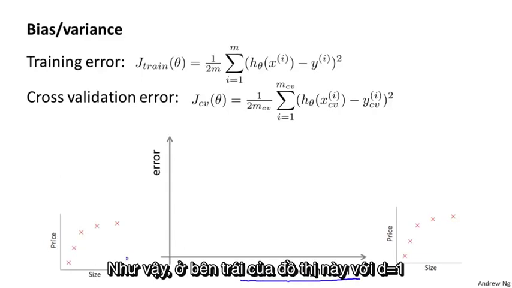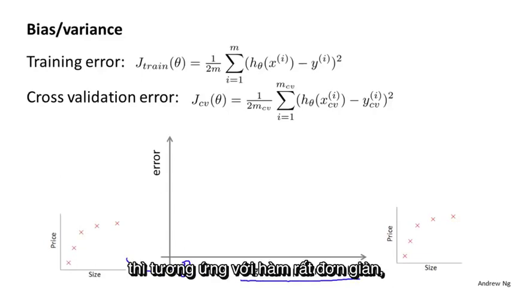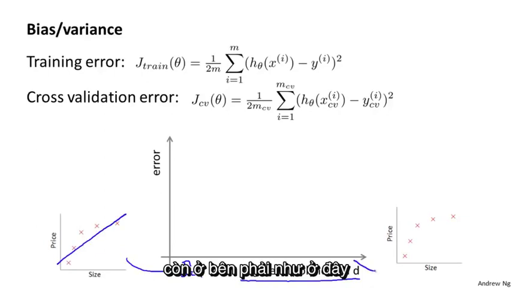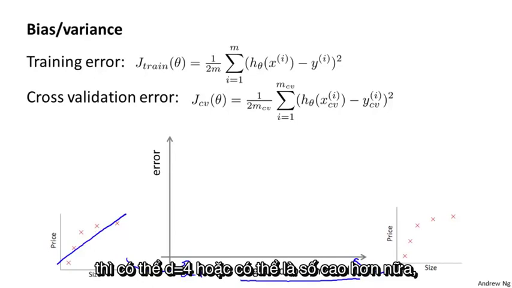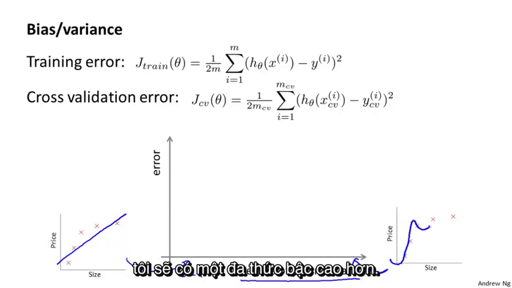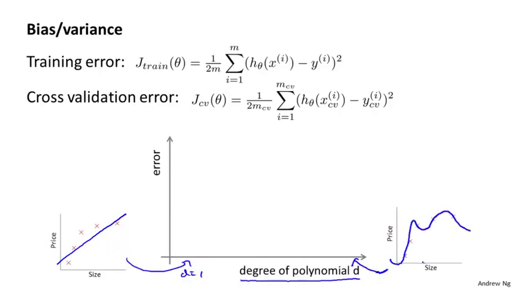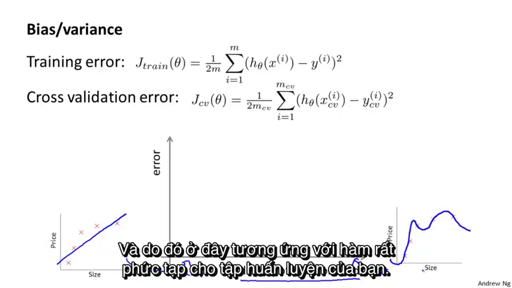So way on the left of this figure, where maybe d equals 1, I'm going to be fitting very simple functions, whereas way here on the right of the horizontal axis, I have much larger values of d, so I have a much higher degree polynomial. And so here, that's going to correspond to fitting much more complex functions to your training set.